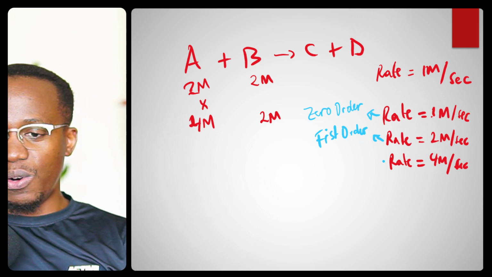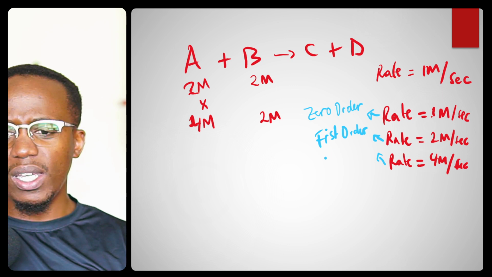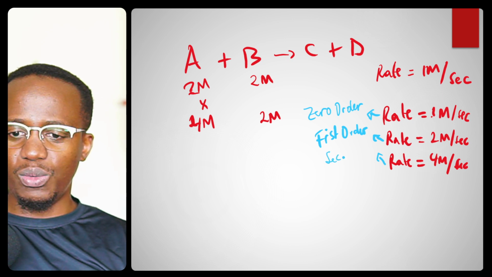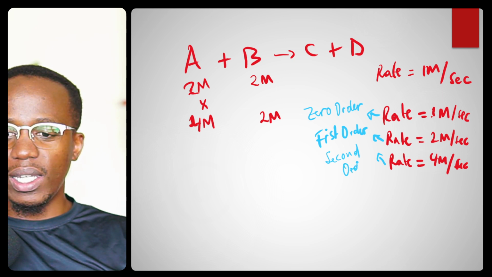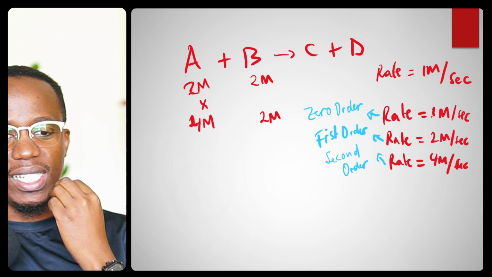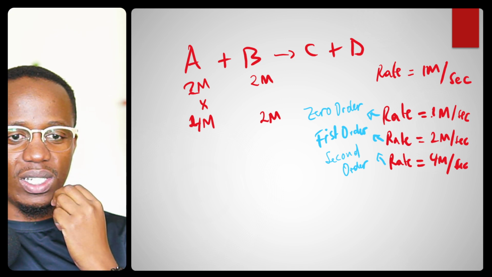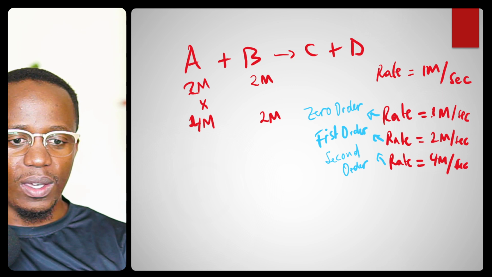So you have zero order when you multiply, nothing happens. First order when you multiply, it multiplies the same way. Second order reaction when you multiply, and then the rate multiplies twice, right? Second order reaction. Does that make sense? So I want you to know the difference between first order, second order, and third order reaction.